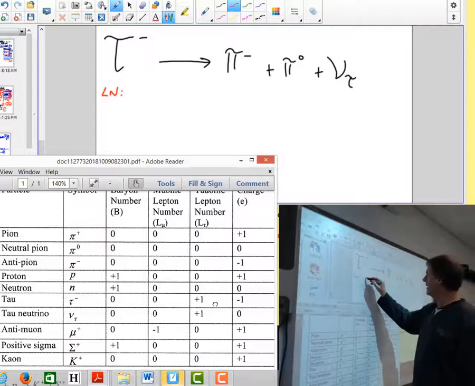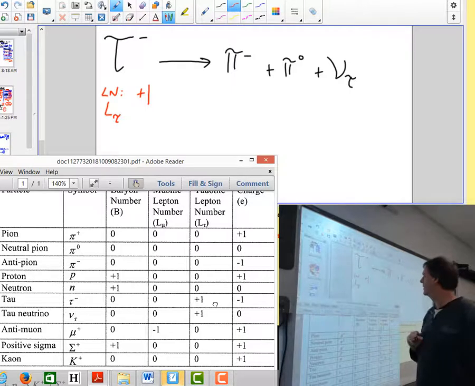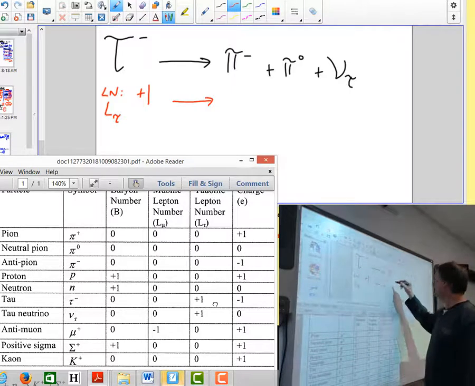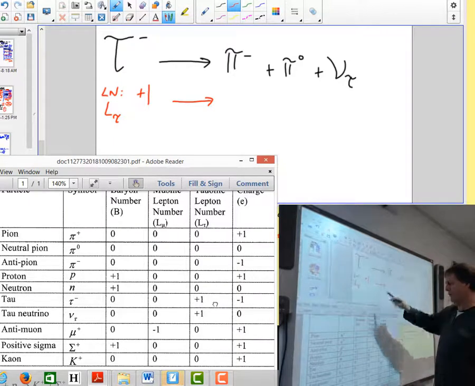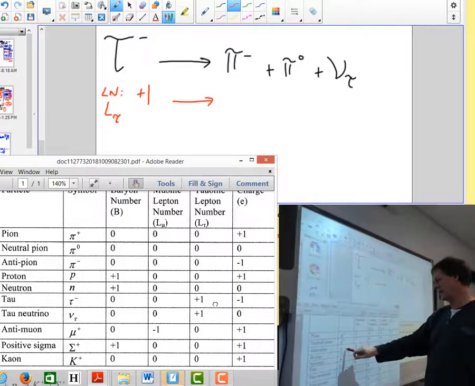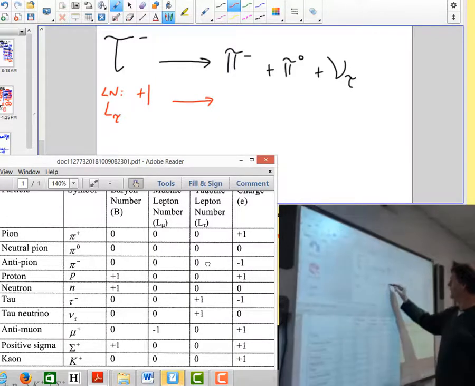So the tau particle lepton number here is 1. On the other side, you've got your antipion, because it's actually a -1 there, so you've got a negative charge. In terms of lepton numbers, it's got no lepton number, and none for the electron one either.